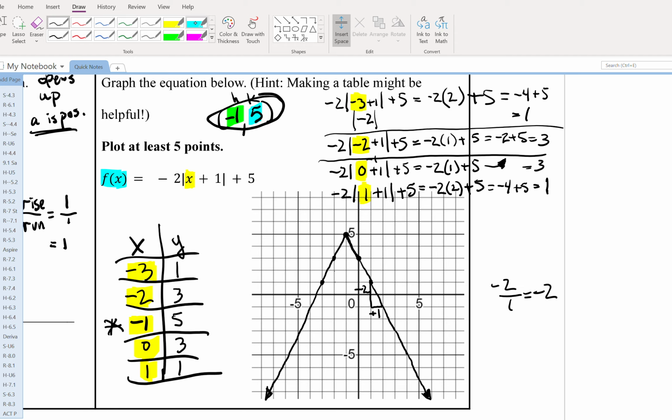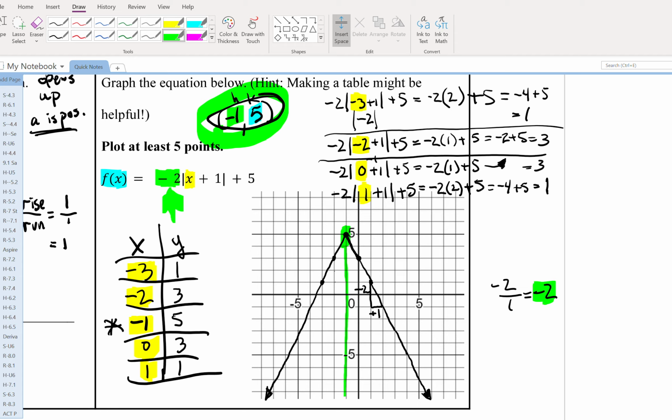And what I want you to notice here is that that negative 2 is the same as this negative 2. So you can also use the slope. If you just plot your vertex here and then use your slope that it's negative 2, you could just go down from there. And then the other side is just reflected across that center line, like our axis of symmetry. And so they're all the same distance apart from that line.